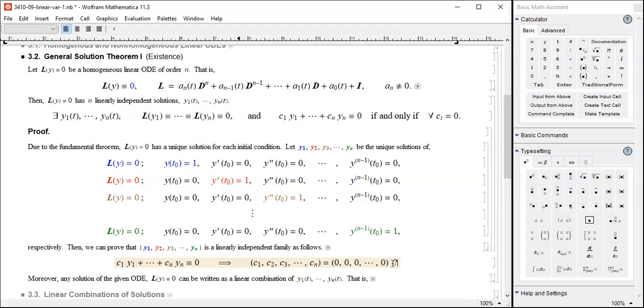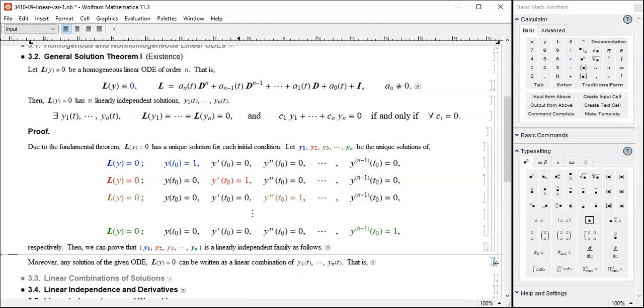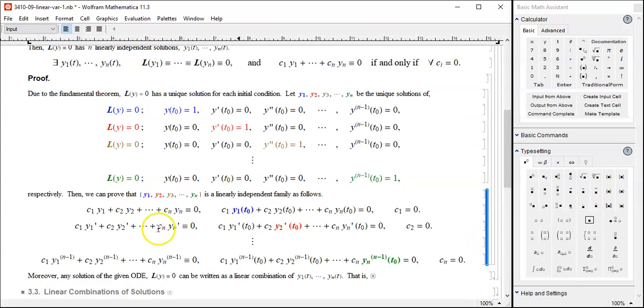We found the candidates for y1 through yn. They are here, the unique solutions of all these. All right, let's prove it. We start with this linear combination that's equal to 0.